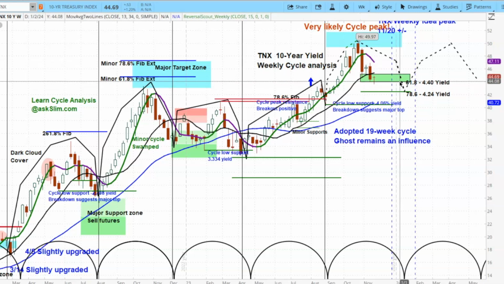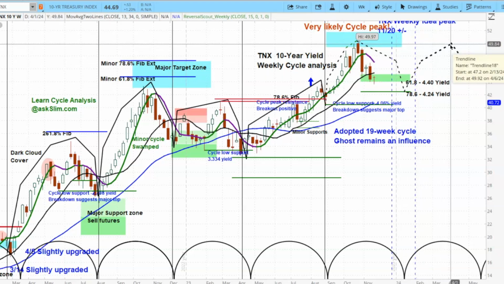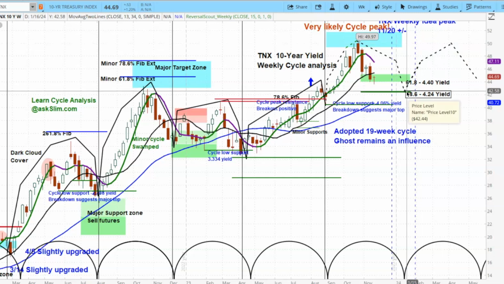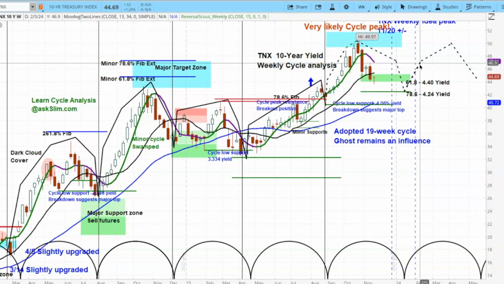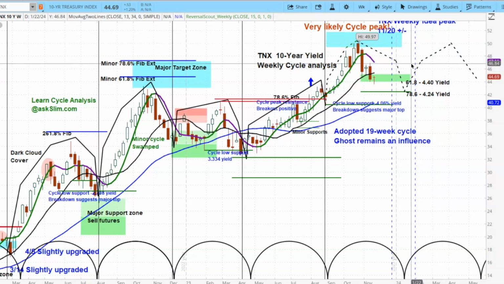Something is likely to happen out over here to scare interest rates back up for one more blip. And the analysis on the 10 years or on the treasury says that they're likely to fall and test recent lows into this period out here into March or April. That says that yields are likely to be rising again, and that isn't necessarily very good for the stock market based on how they're trading right now.